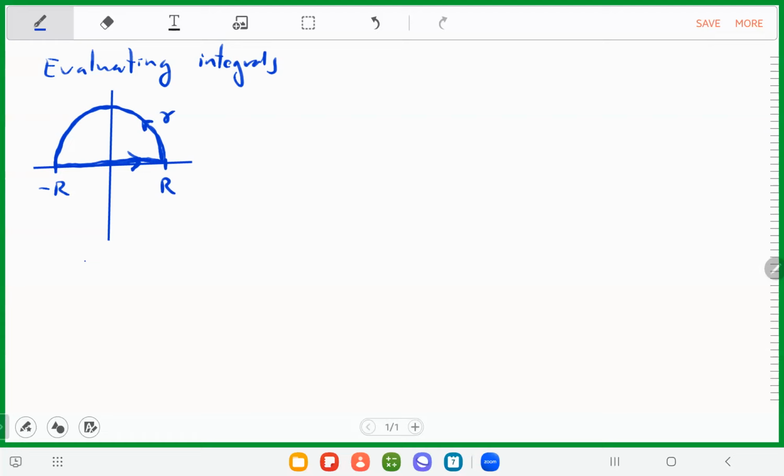But as I said, there are two line integrals, two pieces of contour here that can be represented as real integrals.